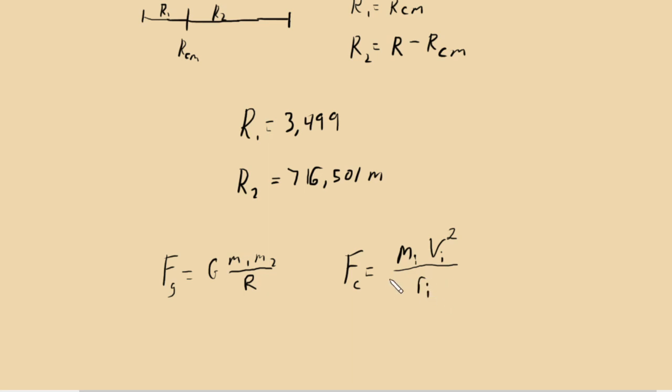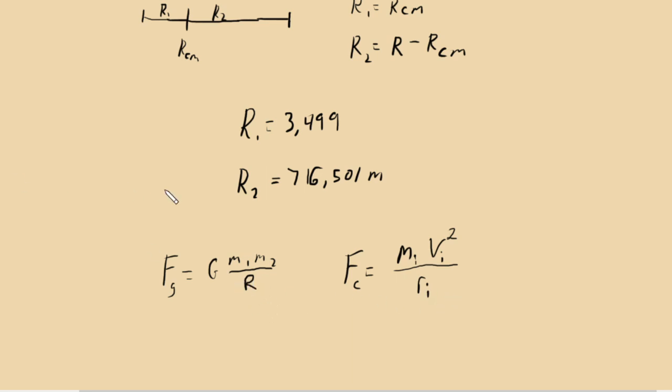So when we're talking about our centripetal force equation, we need to consider the radius from what it's rotating around, which would be the center of mass. So here we would use the radius that goes with whichever mass we're talking about, and here we would use the total distance of separation.